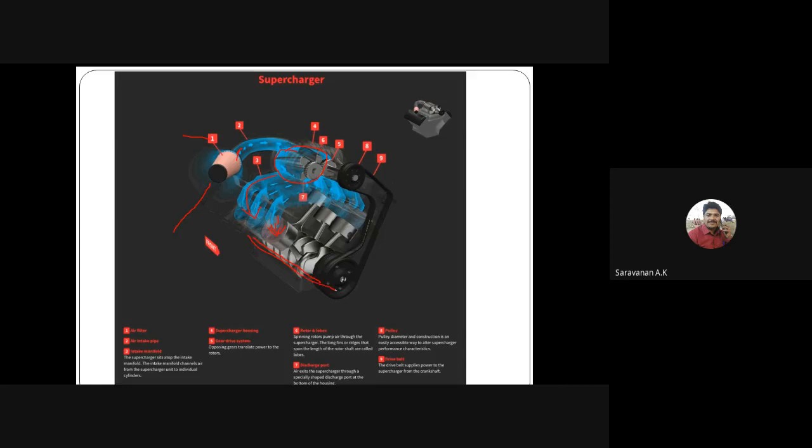How are the superchargers run? Through a belt drive which is connected to the crankshaft. In this diagram, you can see the supercharger runs through a belt connected to the crankshaft, so it gets the energy from the engine itself.